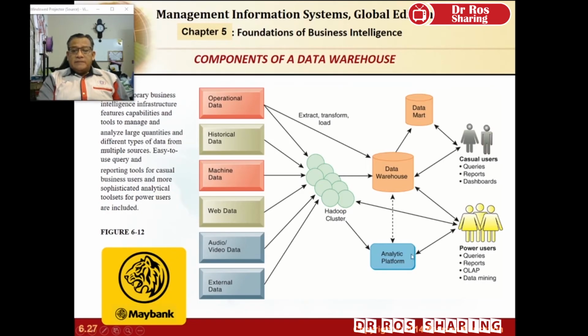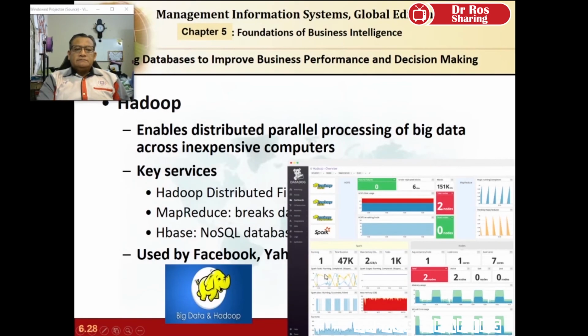And this could engage an analytical platform, for example, like R programming, and they are accessing data from the data warehouse while at the same time incorporating analytical tools by Hadoop so that they can extract the trend and also give projected reports for the managers at Maybank. So these are all the interrelated linkages of components of a data warehouse, in which to make better use and create more meaning on the big data platform.